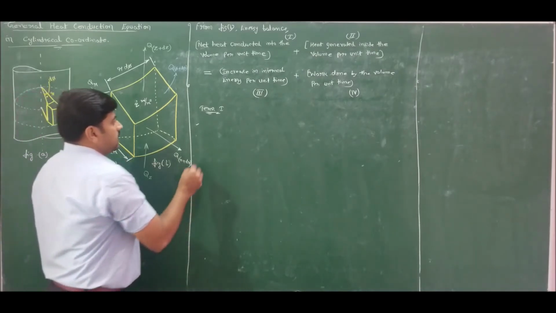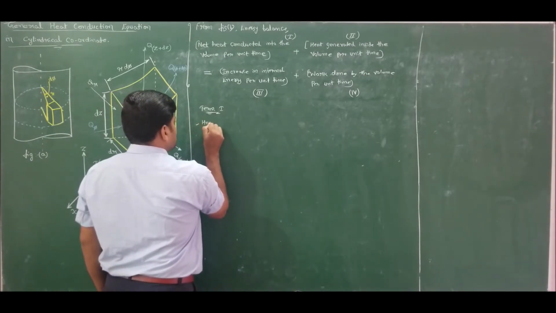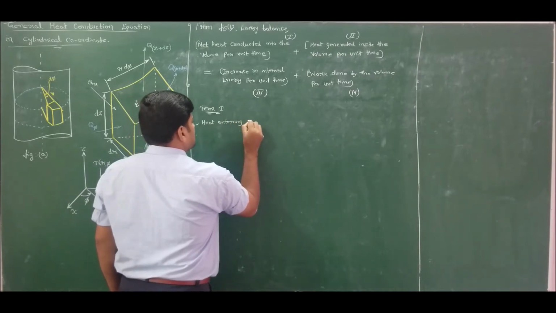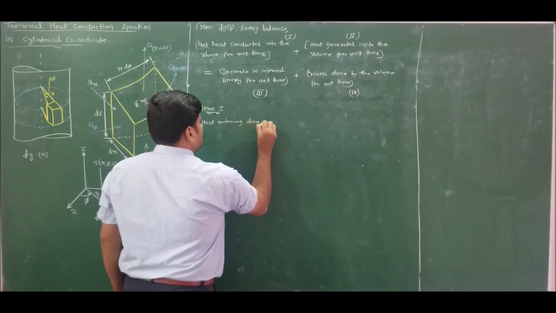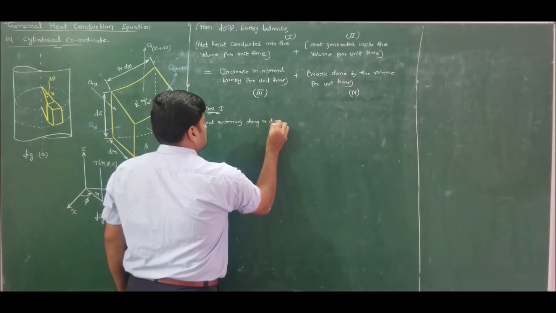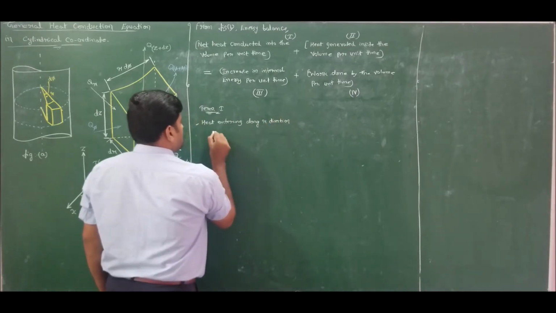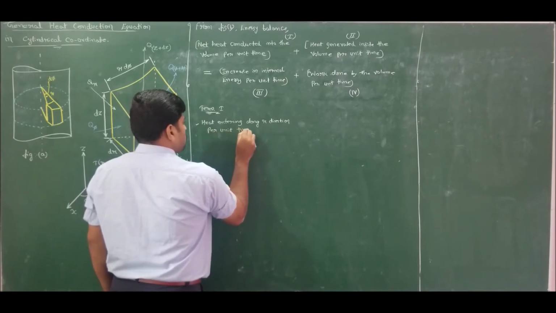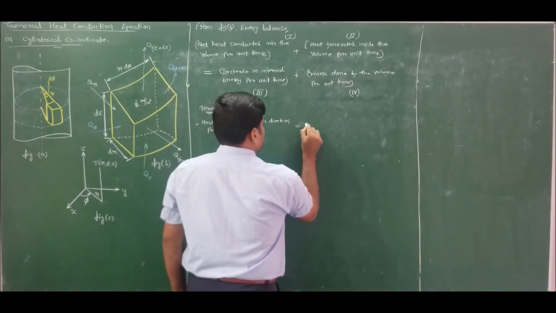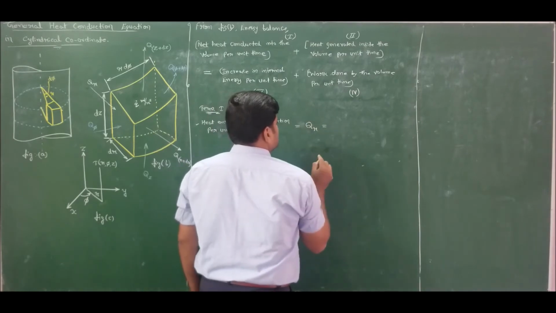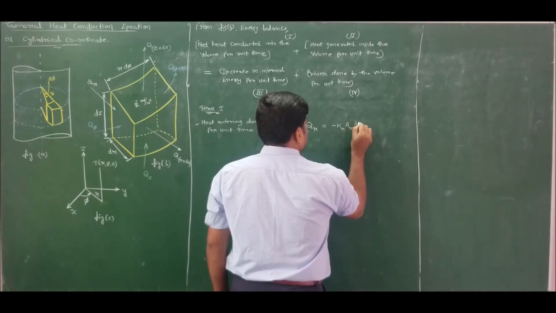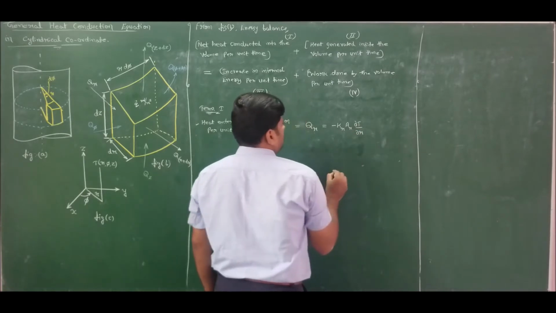So the heat entering along the r direction per unit time will be equal to qr, which is nothing but minus k Ar dou T by dou r.